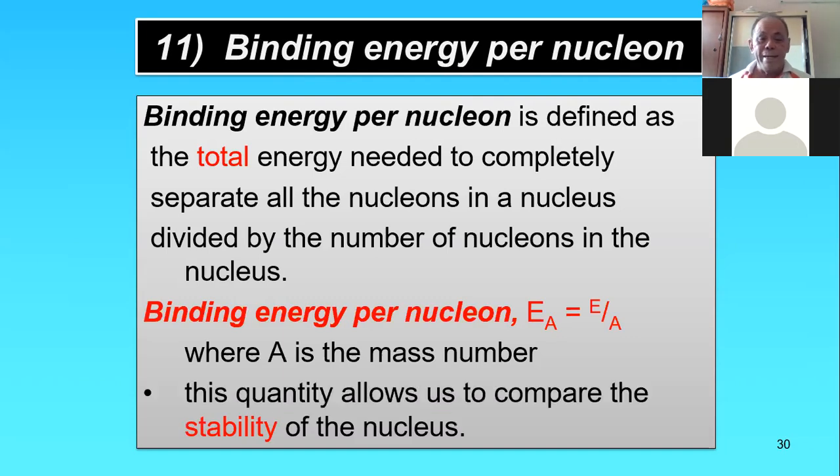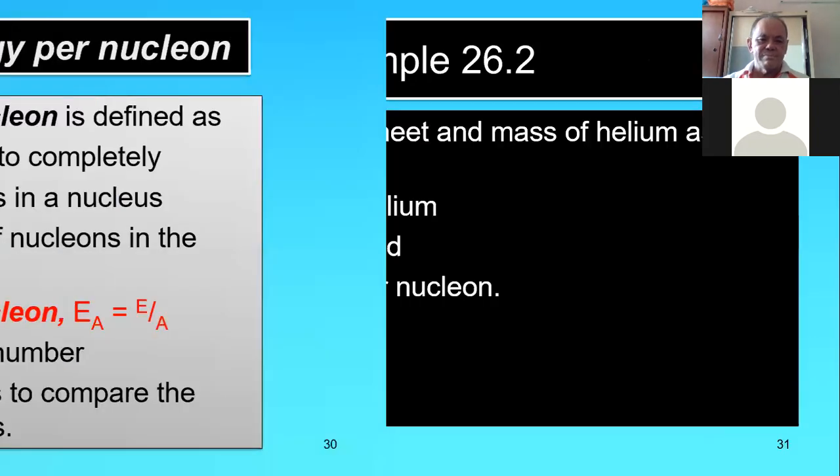Then we can compare one nucleus and another. It's unfair to compare a nucleus with 10 nucleons and a nucleus with 2 nucleons. But if we take the binding energy per nucleon, then we can compare. How strong is the nuclear force?